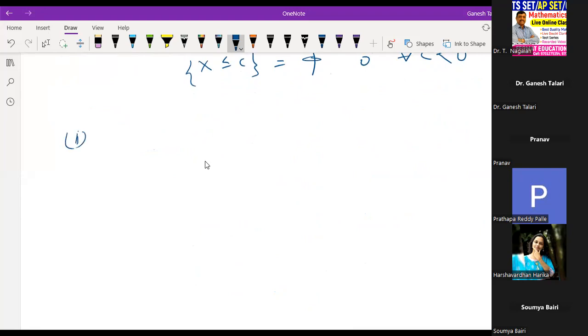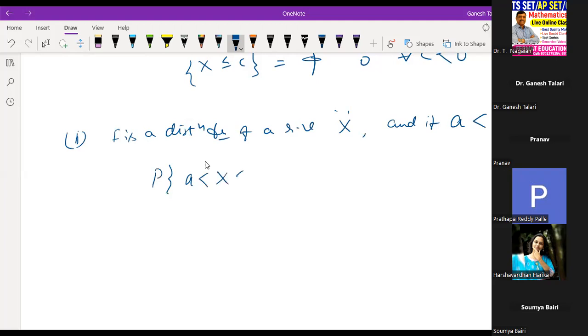First property is, if F is a distribution function of a random variable X, and if a is less than b, then probability of a is less than X is less than or equal to b, we can write F of b minus F of a.